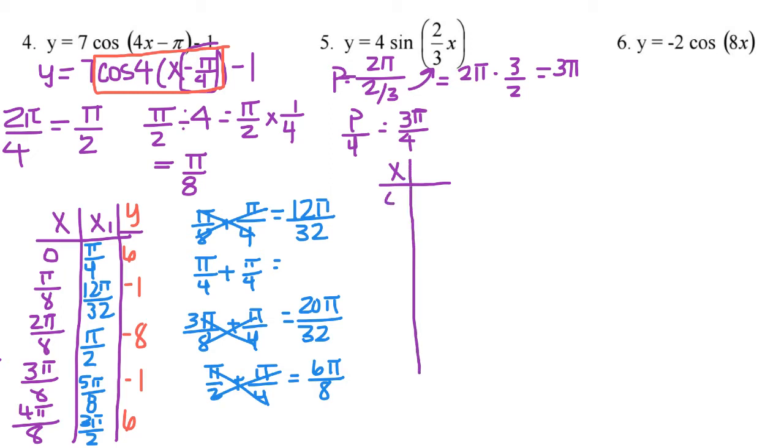So we're going to start at 0. 0 plus 3 pi over 4 is 3 pi over 4. Then we go again, we have 6 pi over 4, 9 pi over 4, and then finally 12 pi over 4. And you can reduce those if you want, or leave it just like that, either one.